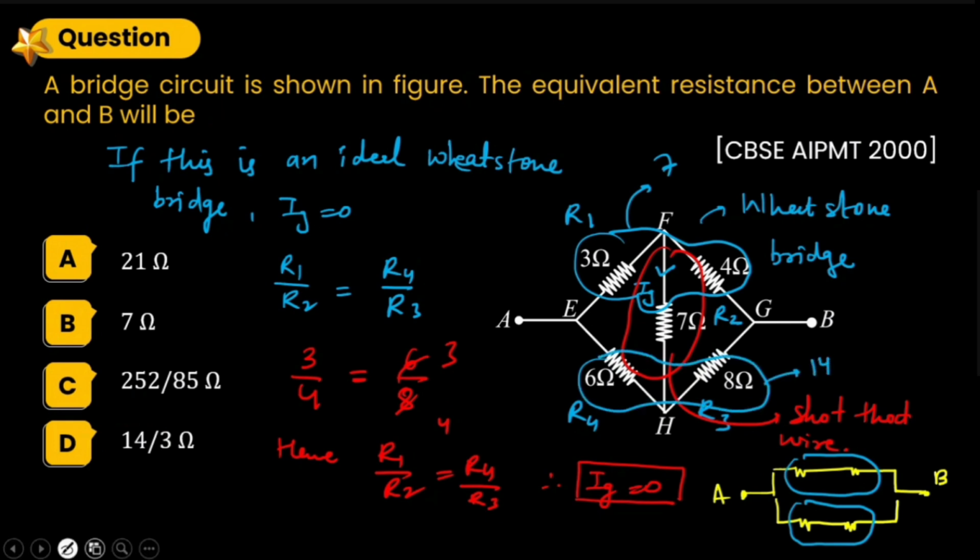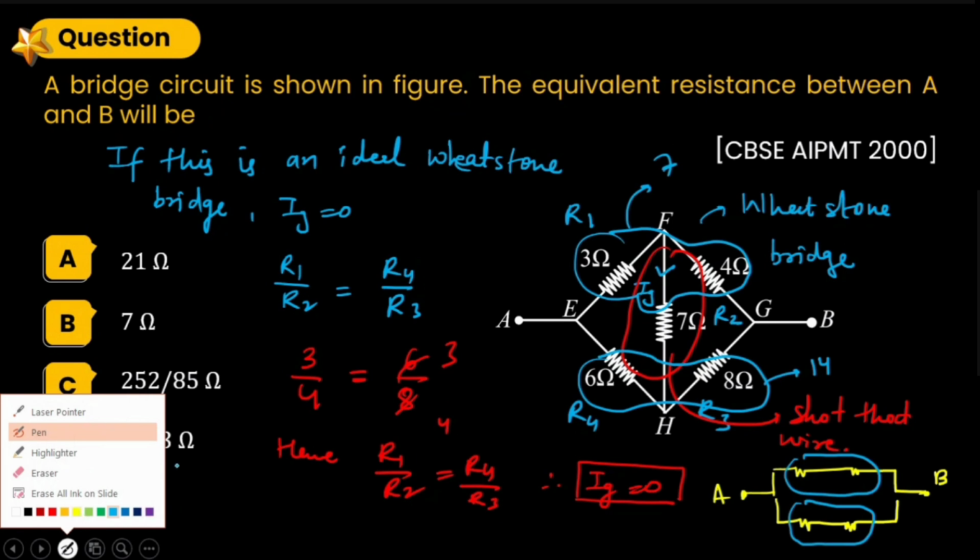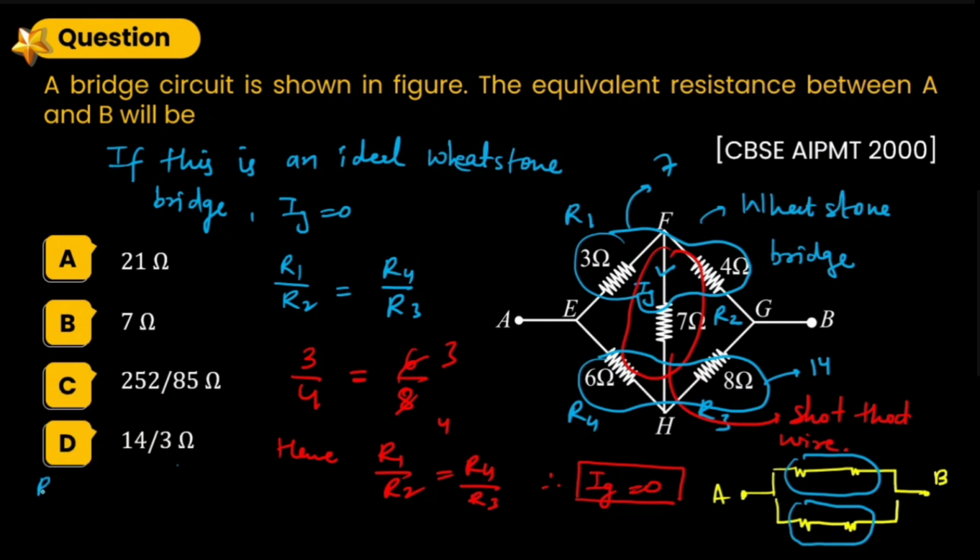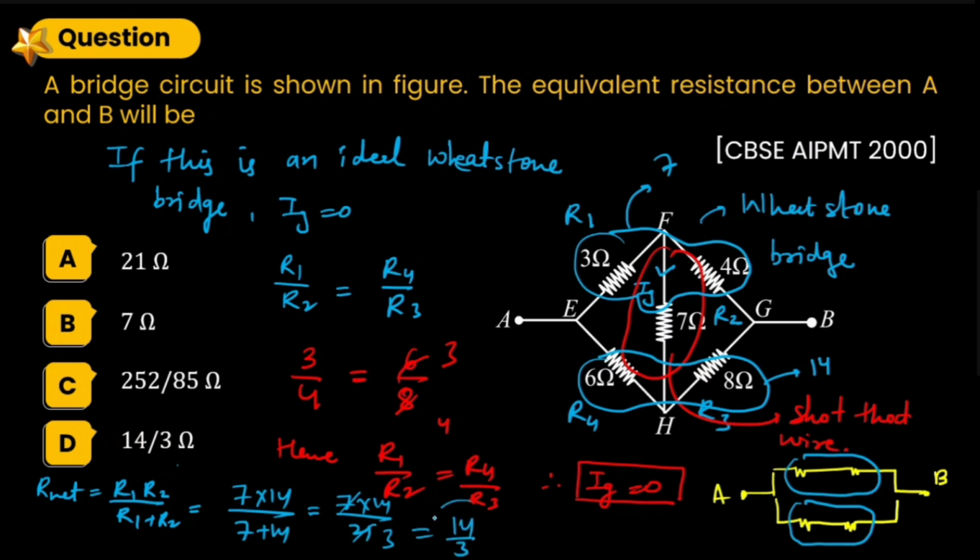For net resistance, it is going to be R1 R2 by R1 plus R2. 7 times 14 divided by 7 plus 14, which is 7 times 14 by 21. That is 14 by 3. The net resistance is going to be 14 by 3 ohm. So D should be our correct answer.